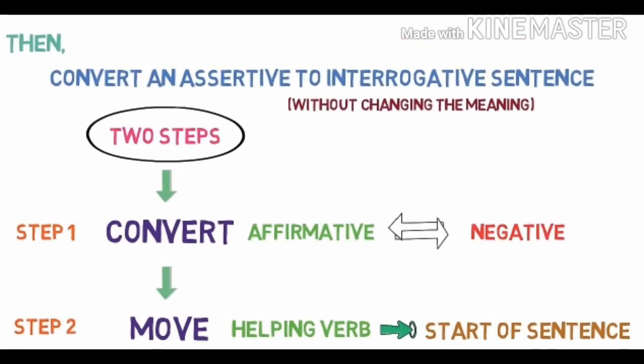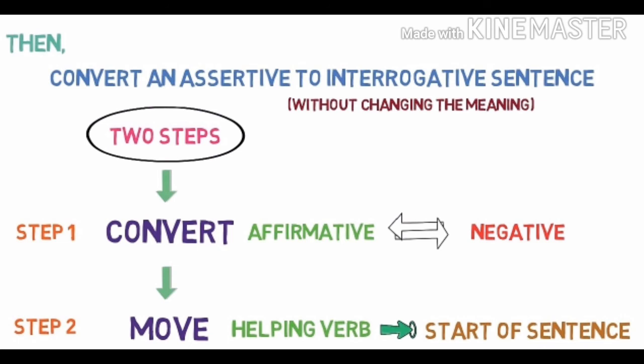Then we saw the conversion of assertive to interrogative sentence without changing the meaning. In that we saw 2 steps. The first step was to convert: if the sentence is affirmative, convert it into negative; if the sentence is negative, convert it into affirmative. Then step 2, the helping verb is moved up to the start of the sentence.